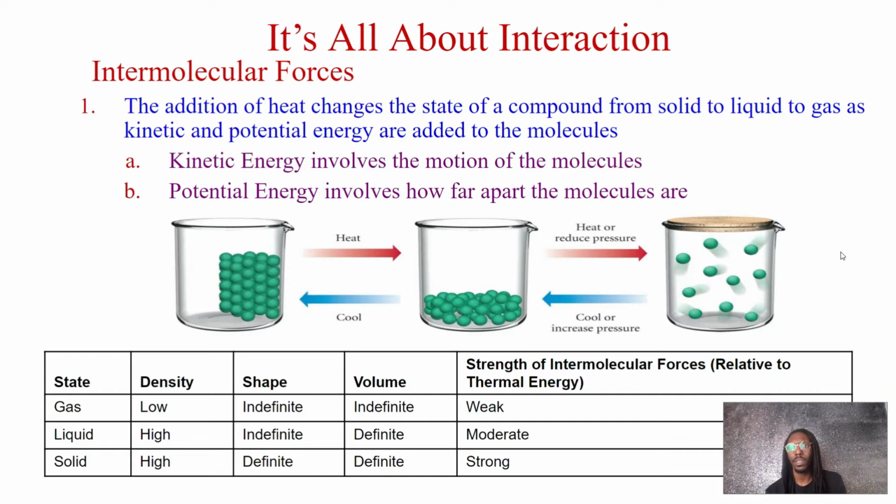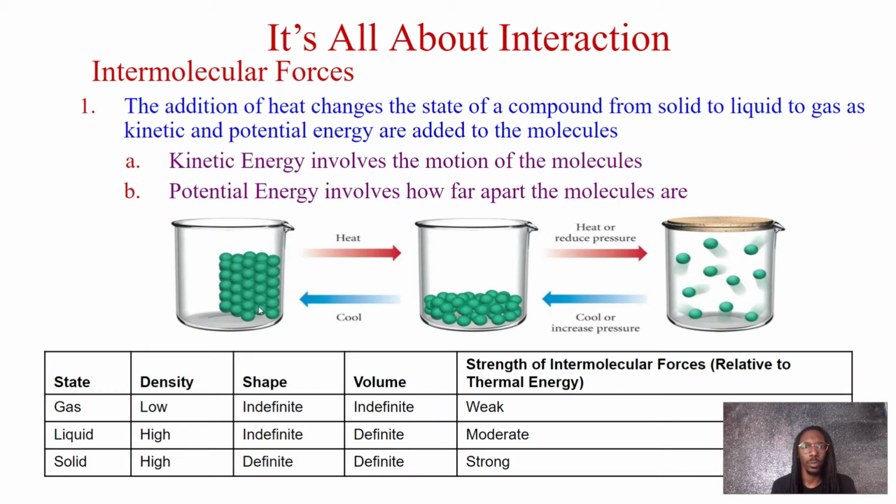So let's just break this down even further. If we look to the far left, we have in this case a very compact structure. Now, this compact structure we're going to recognize is what we call a solid.